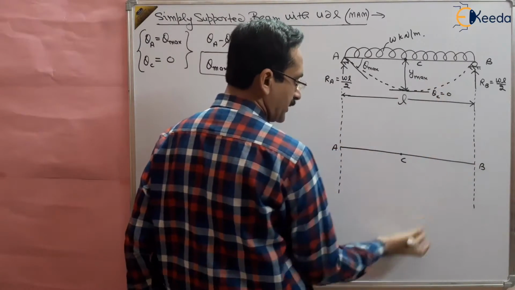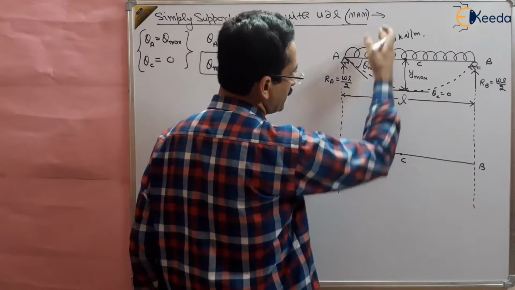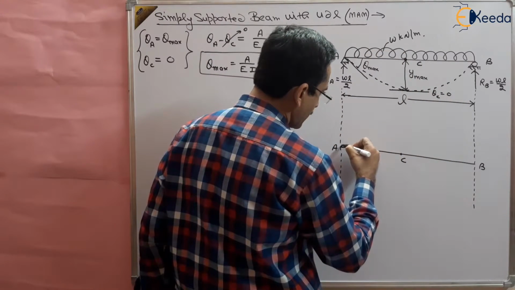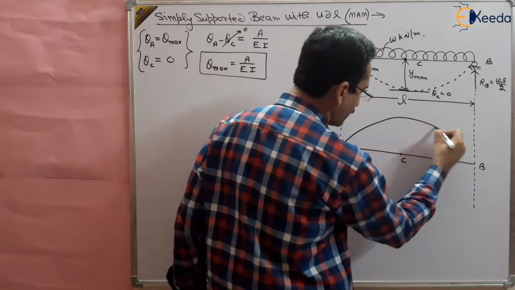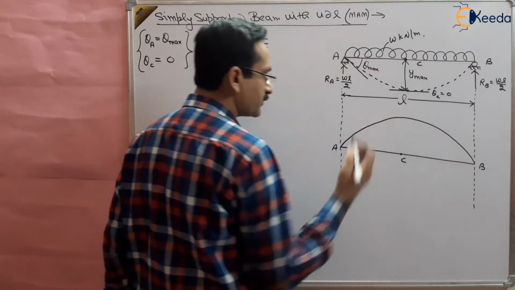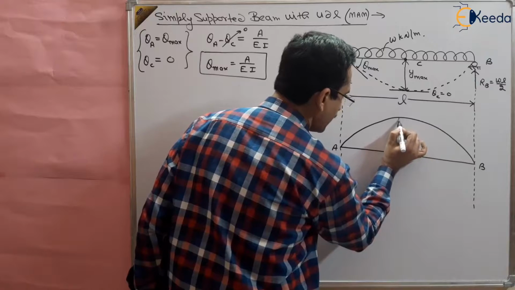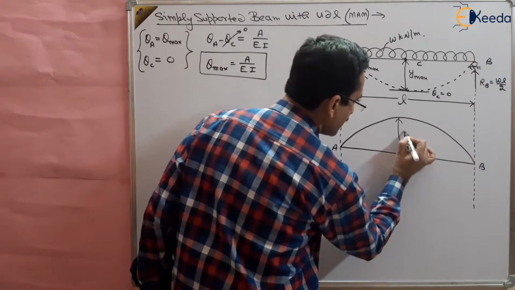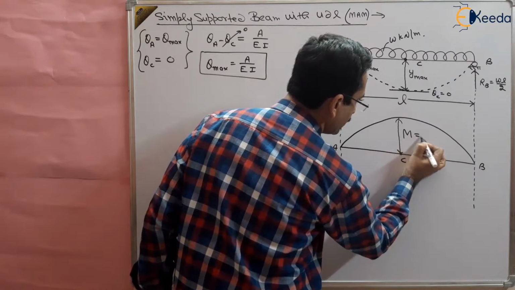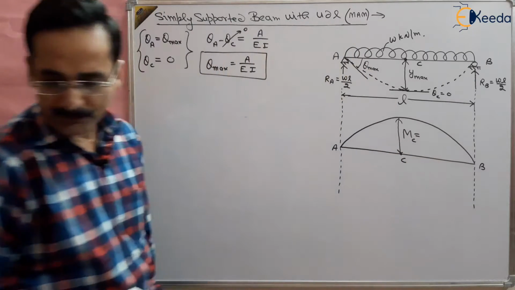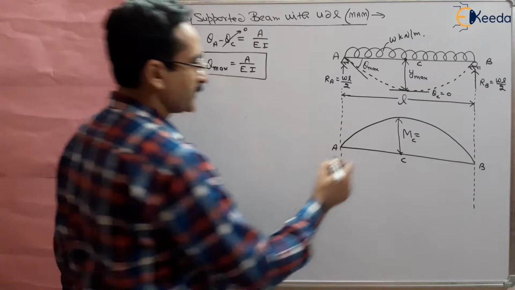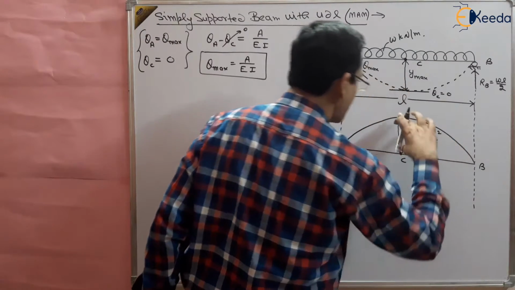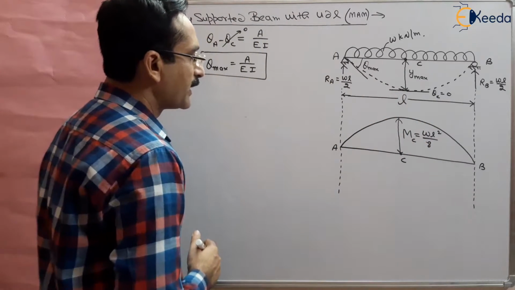You can cut the section, or you know directly that the diagram is a parabolic curve like this, right? Go to the shear force and bending moment diagram chapter and obtain the bending moment. The bending moment at point C is M equal to WL square by 8, right? This is the maximum bending moment, M max, right?